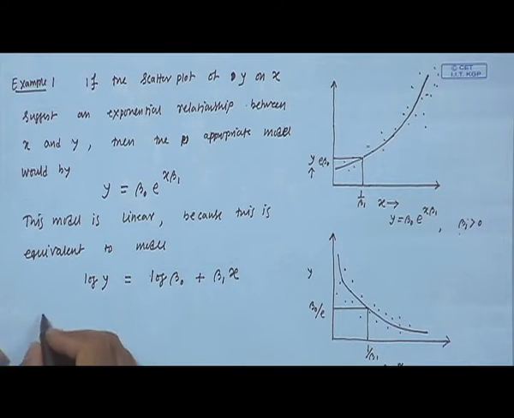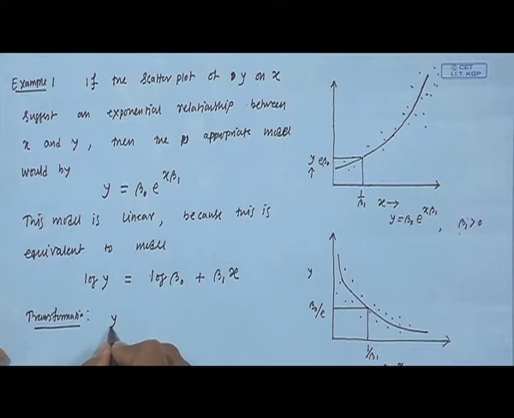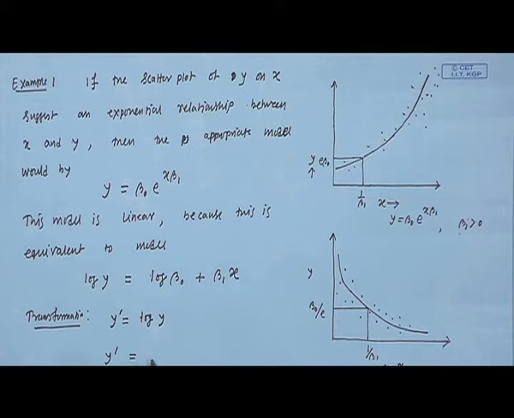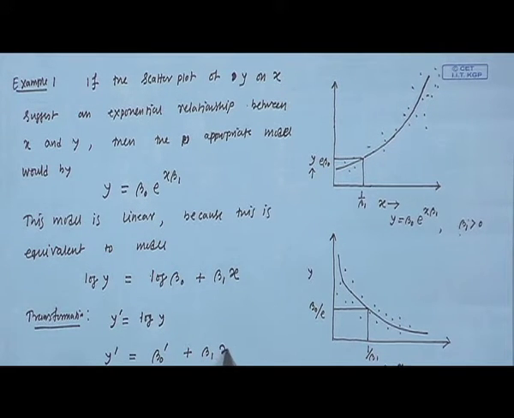Okay. So, the transformation here you are taking is y prime equal to log y, that is all. So, the final model is y prime equal to beta naught prime plus beta 1 x. Okay.